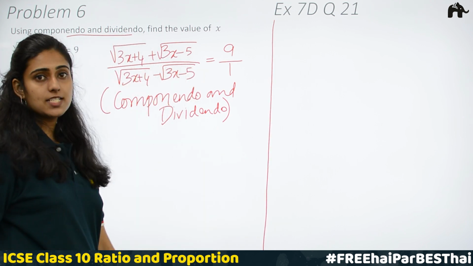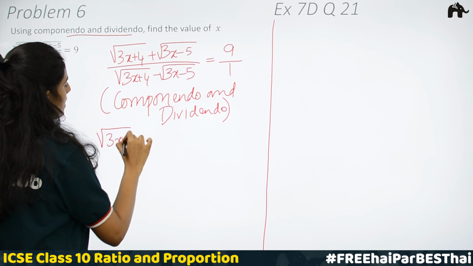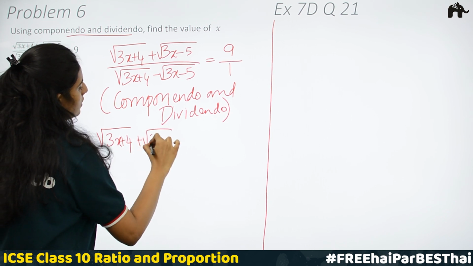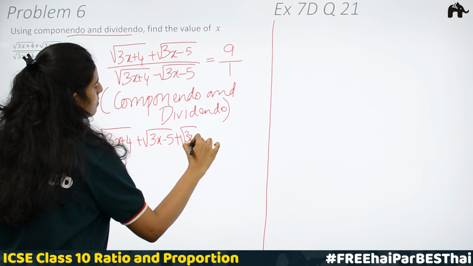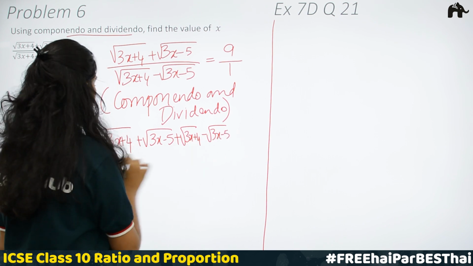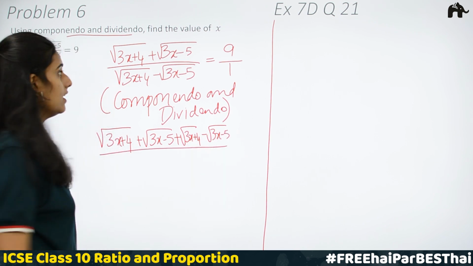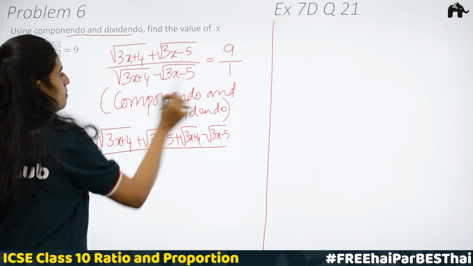Adding the numerator and denominator first, that is root of 3x plus 4 plus root of 3x minus 5 plus root of 3x plus 4 minus root of 3x minus 5, whole divided by, now a minus b. Here this is a and this is b.